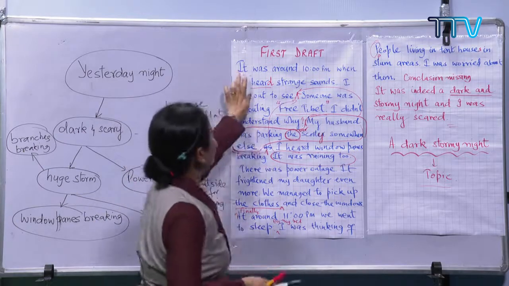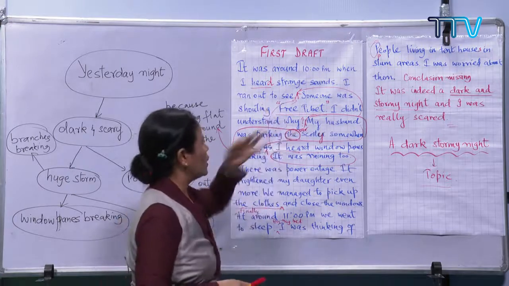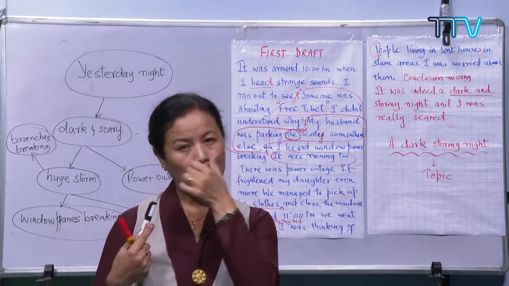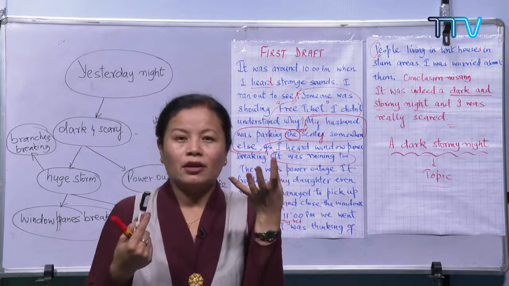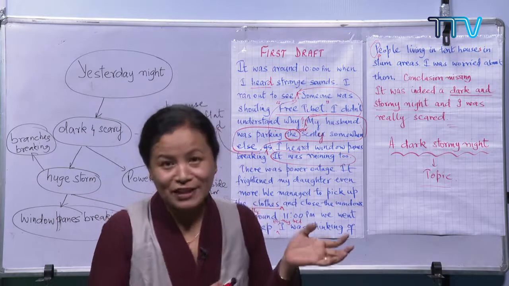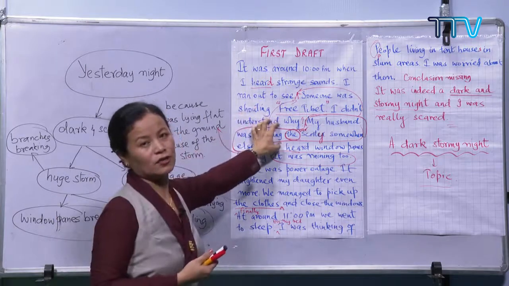Okay. So it was around 10 p.m. when I heard strange sounds. Okay. The element of a fear to be created in the reader's mind, that is also missing in a way. So we can think of adding something else in this draft. Okay.